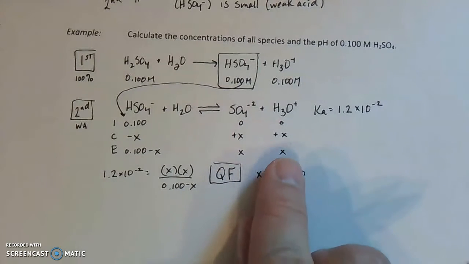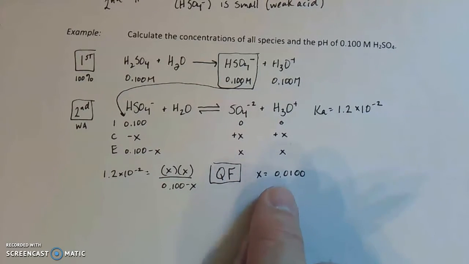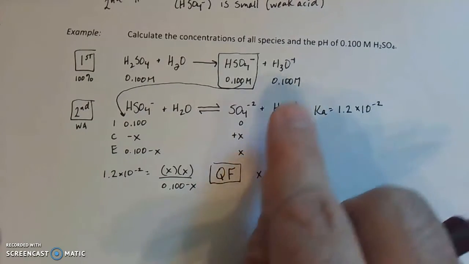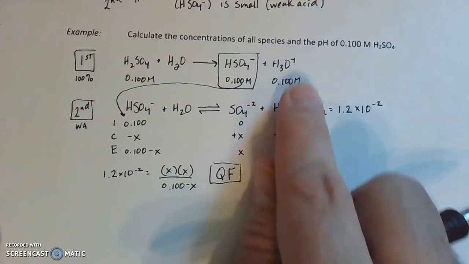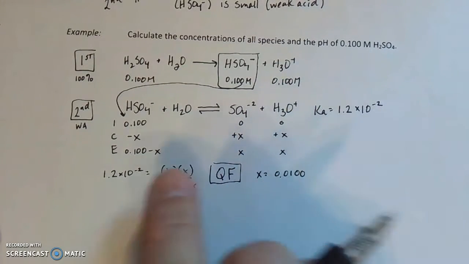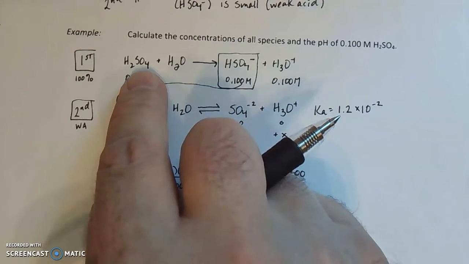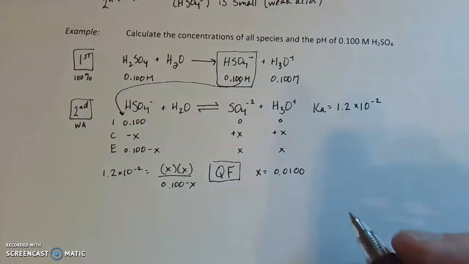So that means that we have H3O plus and SO4 minus 2. The H3O plus, we are going to have to add both steps together. We're going to have to use this to give us the concentration of HSO4 minus, and we know that H2SO4 basically was gone.